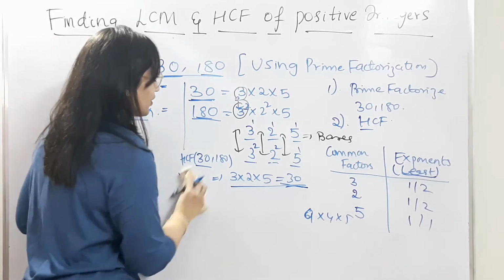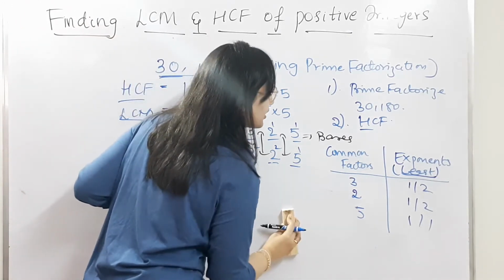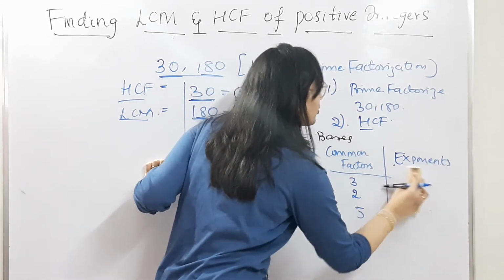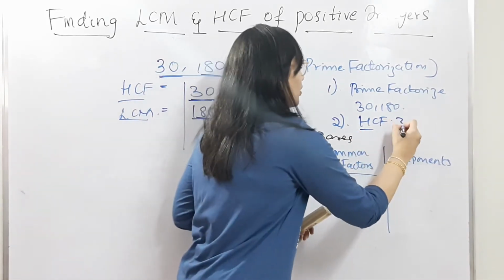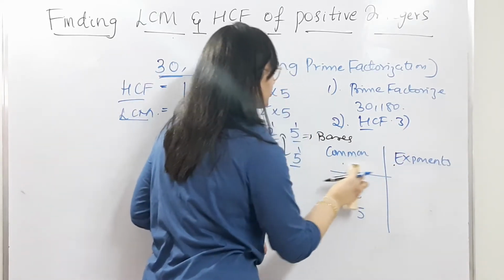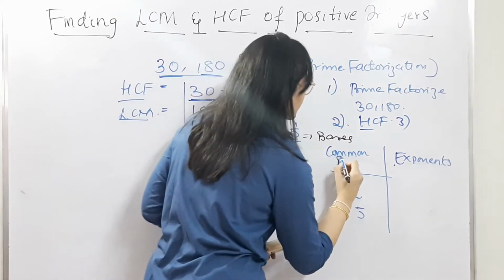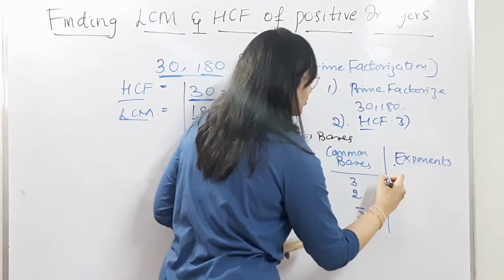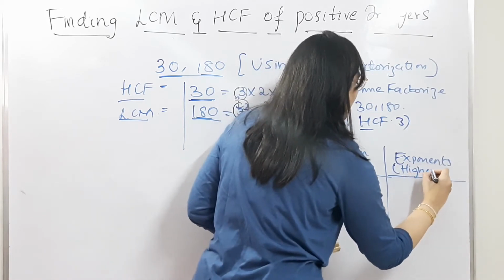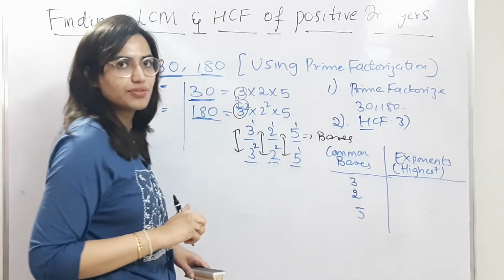Now in the same way, I will try to find the LCM of two numbers. In order to find the LCM of two numbers, we need to write the common bases, and the exponents should have the highest or greatest powers.